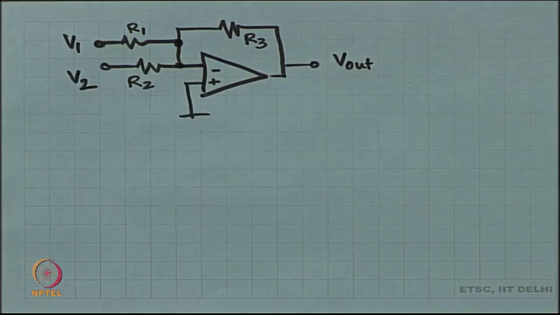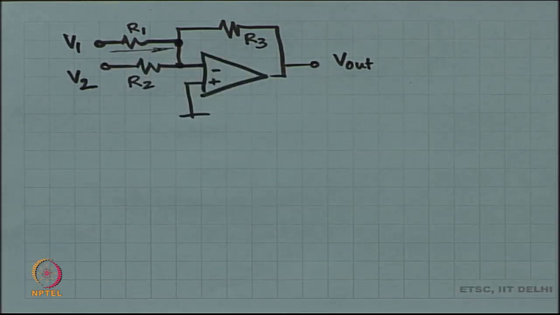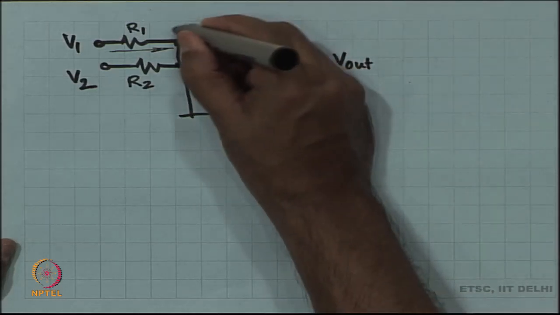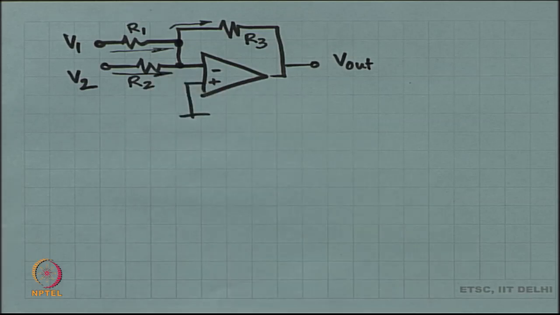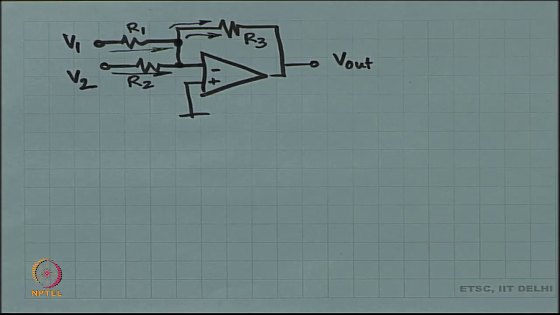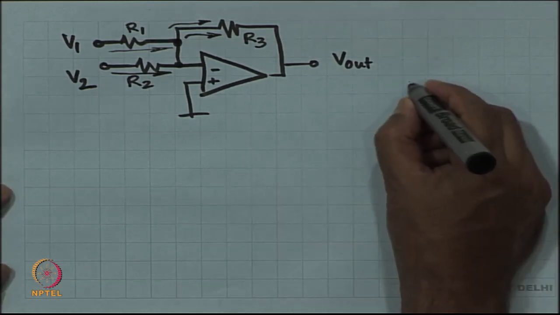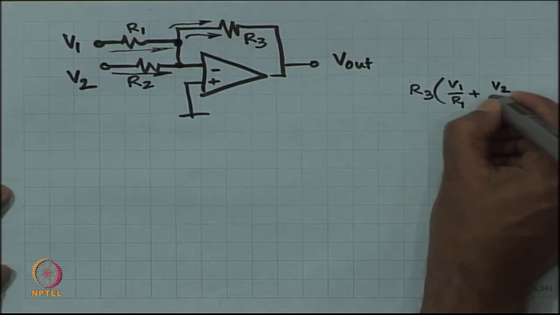So, I1 is V1 by R1 and that has nowhere to go but through R3, and likewise I2 is V2 by R2 and that has nowhere to go but through R3, there is no alternative. Okay. And the current going through R3 is the sum of V1 by R1 plus V2 by R2, and therefore, the drop across R3 is R3 times V1 by R1 plus V2 by R2.